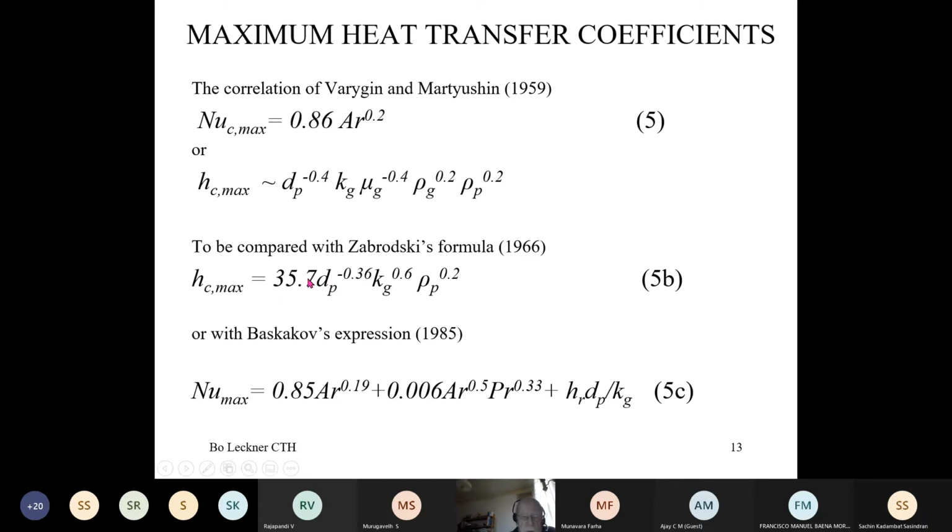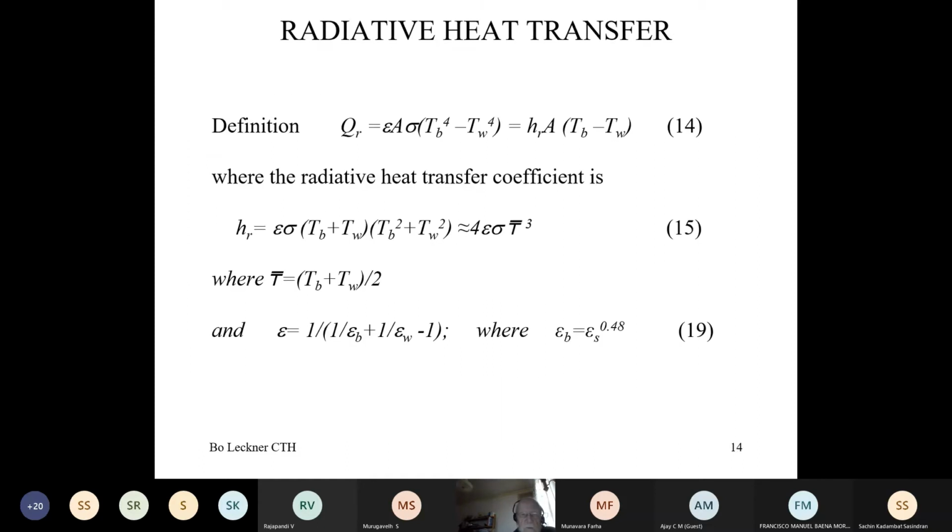It's not clear, because all the units used are taken care of in this coefficient, and it's not explained. So this is why dimensionless expressions are better than the dimensional ones, although Zabrodsky's formula is known to be one of the best. If you just know the dimensions, it's one of the best for the purpose.